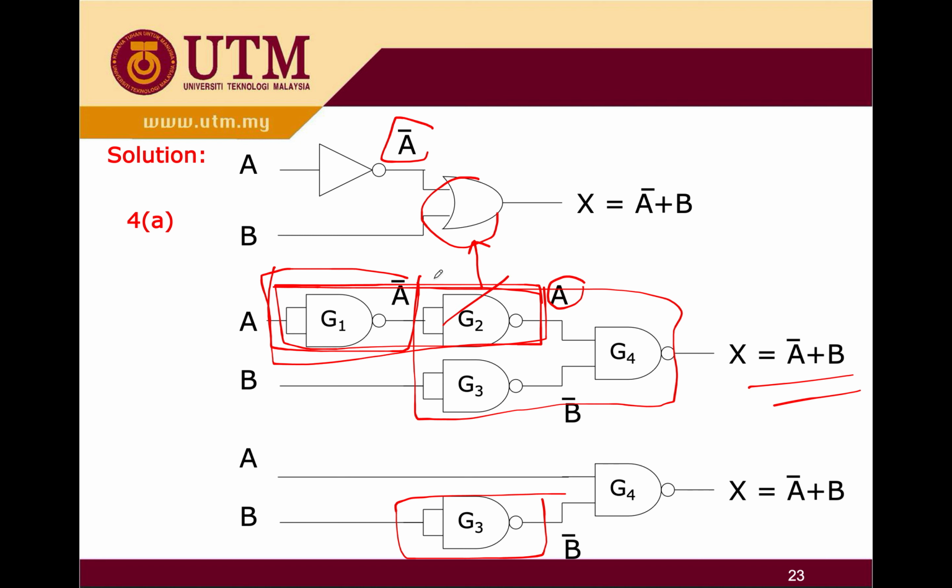So you just remove it because it's a direct A, and then you will have this part similar, and this is the minimum of logic NAND gates from your NOT and also OR gate.